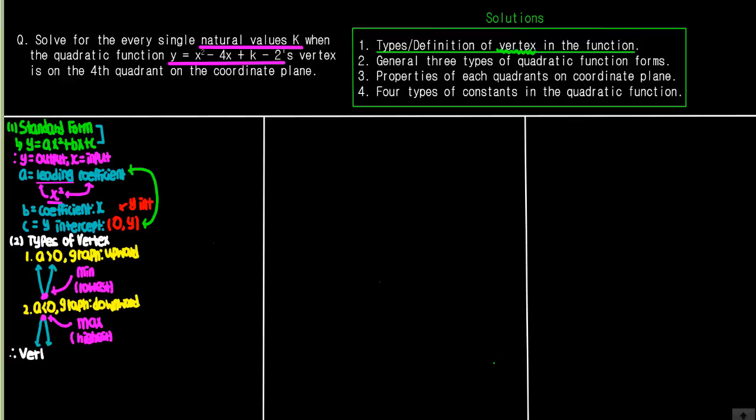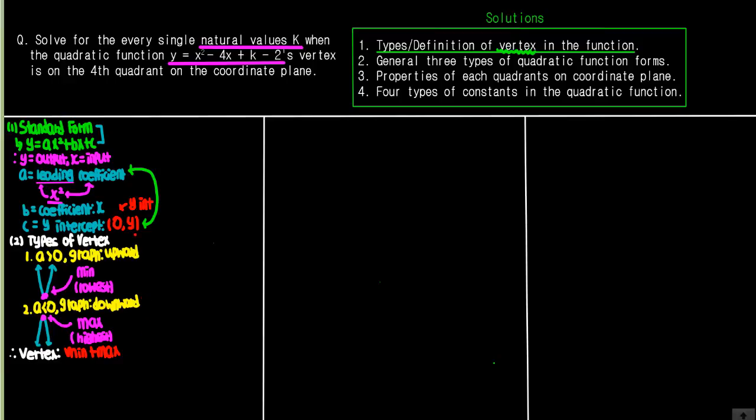The vertex is the combination of the minimum point and the maximum point, and it will give us our vertex. As we can see, they are all defined by our a, our leading coefficient, the sign of our quadratic function.